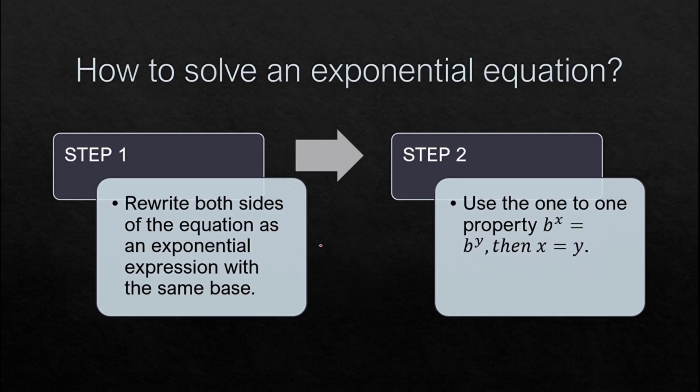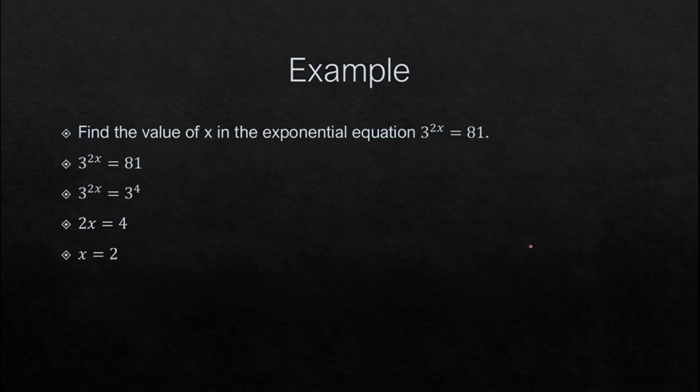Example, 8 raised to the power of 3x is equal to 8 raised to the power of x minus 2. Since pareho ang base, this implies na the exponents din are the same. So 3x equals x minus 2 based on the one-to-one property. Or if b to the x equals b to the y, then x equals y.